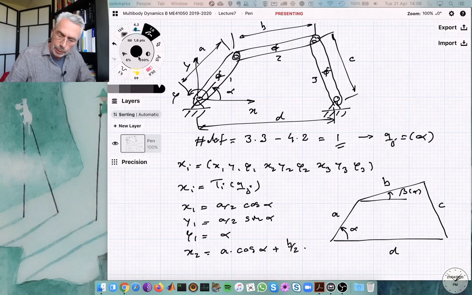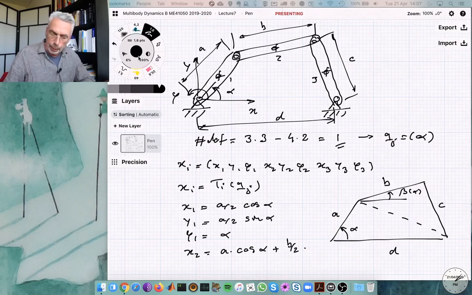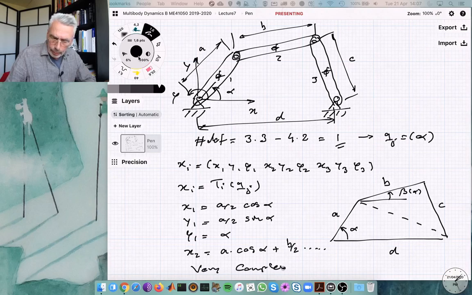So the first thing you do is divide it into 2 triangles, and then with the cosine and the sine rule you determine what all these lengths are, and then finally you can discover what the angle is, and then you have to subtract the angle of alpha. It's a tricky geometry problem, right? So it's not so easy. It's very complex, and I challenge you to write that out.